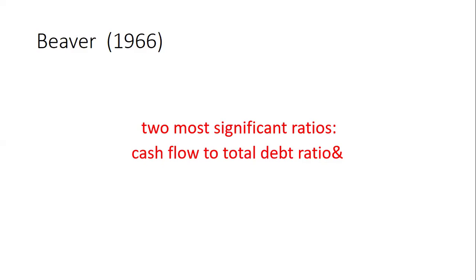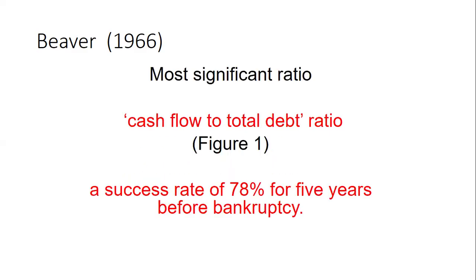So if we want to replicate this study, we can pick firms listed on the Ghana Stock Exchange now, look at their cash flow to debt ratio, see the trend, and based on that, see whether they will fail or not in the near future.